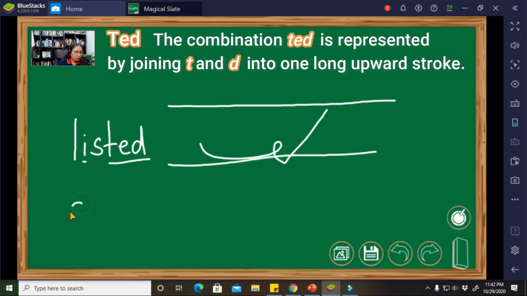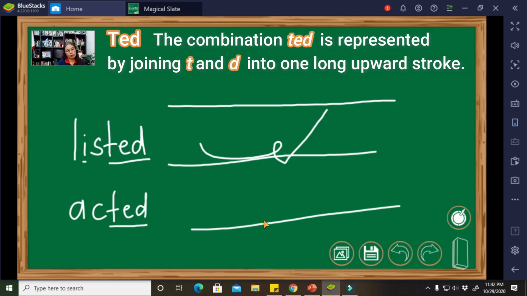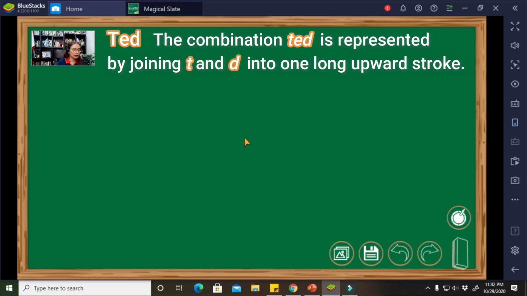Next, another one. The word is "acted." We have this symbol again. So we write the big circle here for A and letter K, a forward curve, then one whole space for TED. The word now is acted. Okay, so let's have more reading.